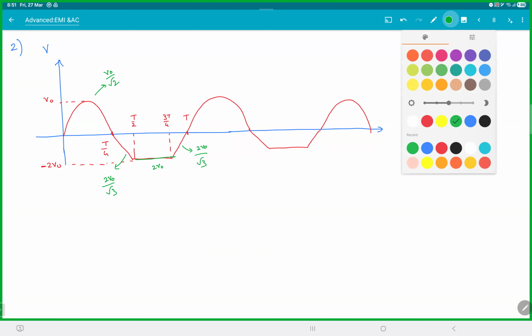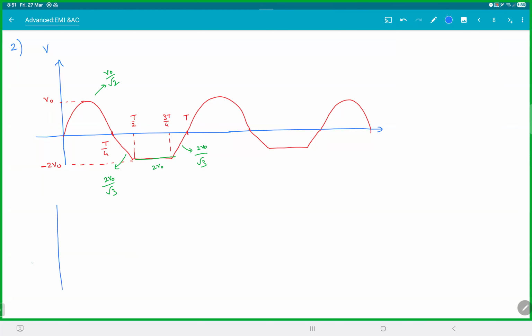That means now I can create a new function like this. The sine wave is as good as having a DC battery of V naught by root 2 for T by 4 time. Then this is similar to having a battery of 2V naught by root 3, then a battery of 2 V naught, then a battery of 2 V naught by 3.